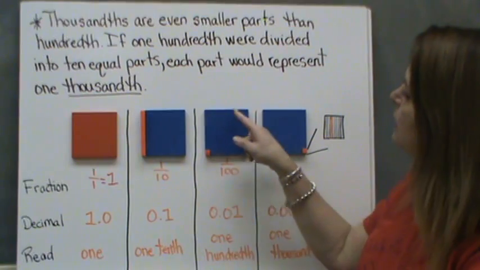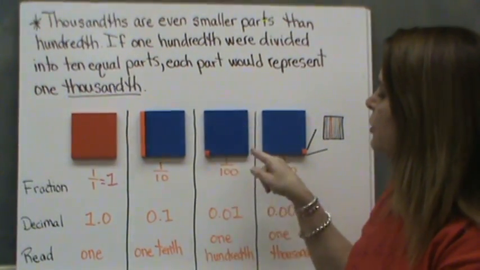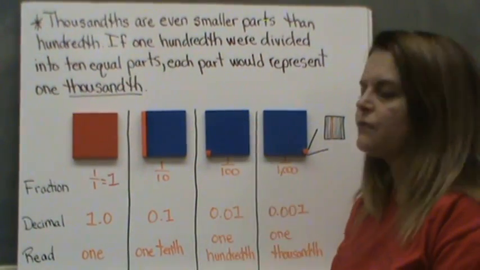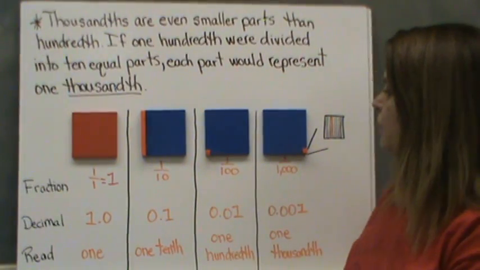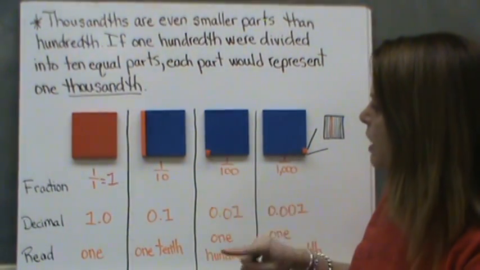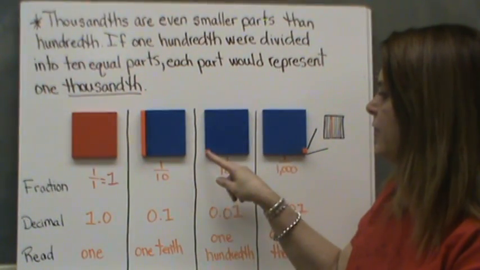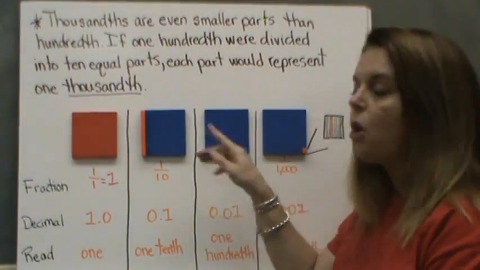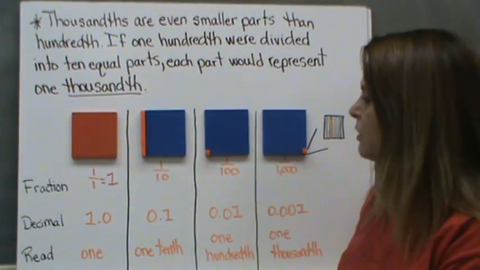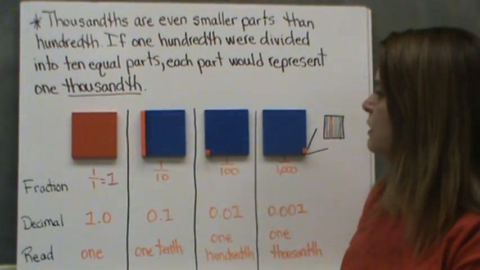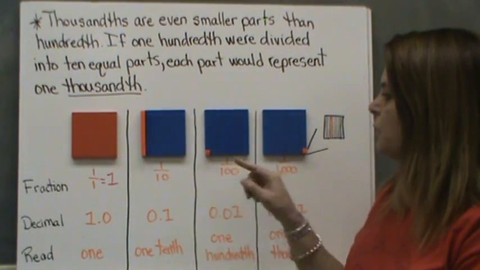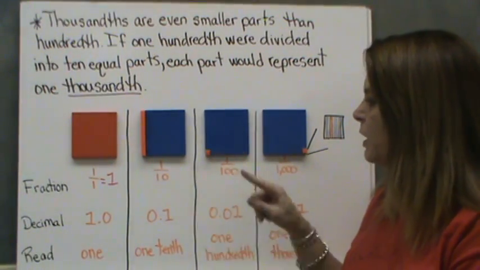Well, now if I look at this figure, what portion of this figure is orange? Well, only this one little part here, and I know that there are 100 of these little squares that make up the whole back over here. So what fraction of my tile is orange? Well, 1/100th.